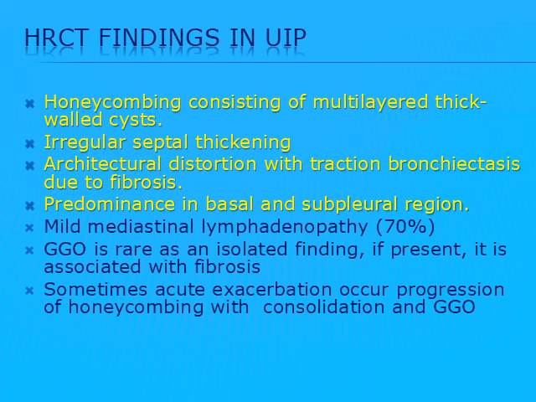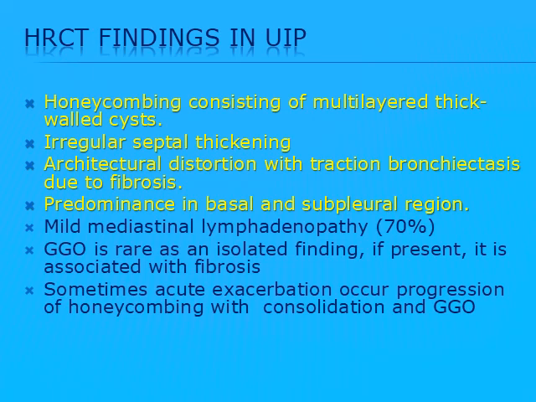And this is very important for us. Presence of honeycombing. You remember honeycombing? Presence of irregular septal thickening, architectural distortion and traction bronchiectasis. These represent sure signs of lung fibrosis. You remember that?